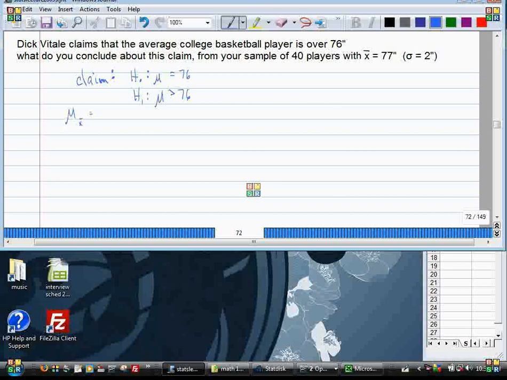Mu for x bar is the same as mu. And what's mu? 76. Next, what do we have to figure out? Sigma x bar. Now what is sigma for x bar? How do you find sigma for x bar?